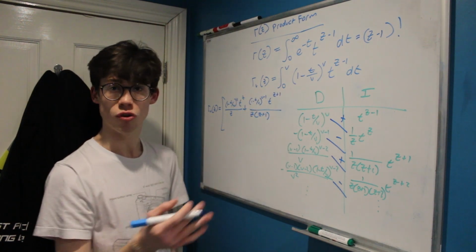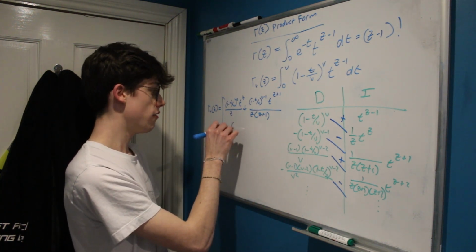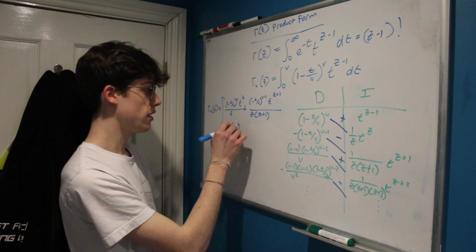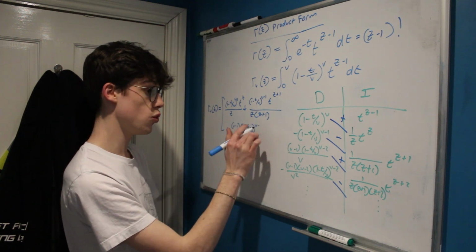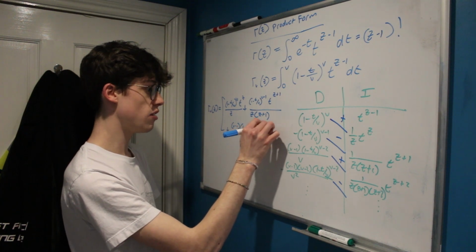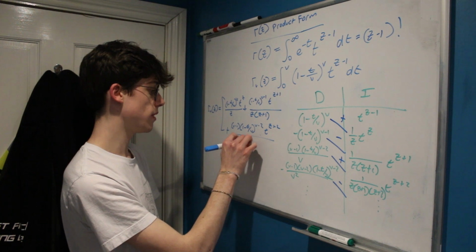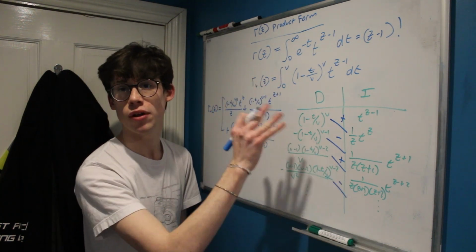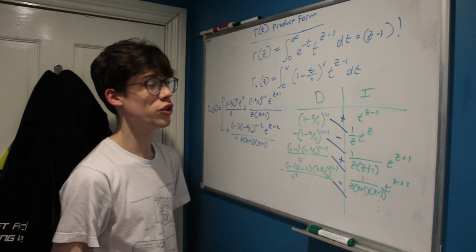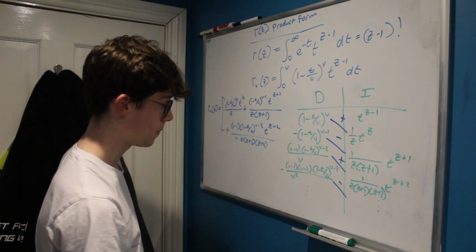I'll do one more just so we can start to get a better idea of the pattern. Plus v minus 1 times 1 minus t over v to the v minus 2, t to the z plus 2 over v times z plus 1 times z plus 2. And just to be clear, I've just gotten this by multiplying along the diagonals of the column, which is just shortening having to do the long work for integration by parts.